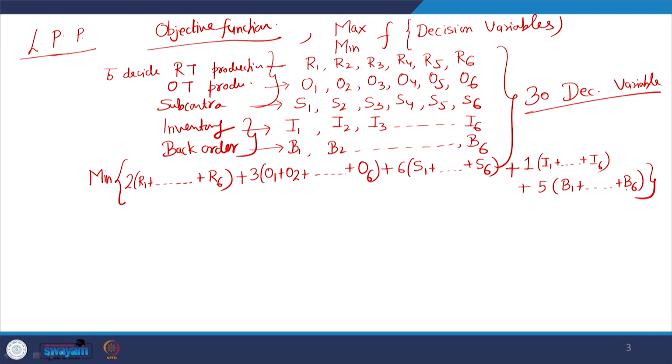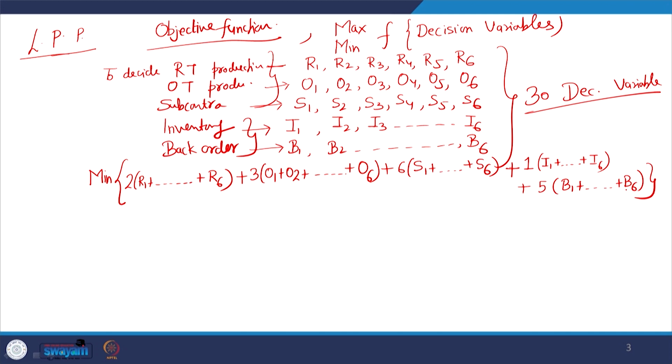So, this is my overall objective expression: 2 into units produced in the regular time, 3 into units produced in the overtime, 6 into units produced through subcontracting, 1 into units in average inventory, 5 into units in backorder.